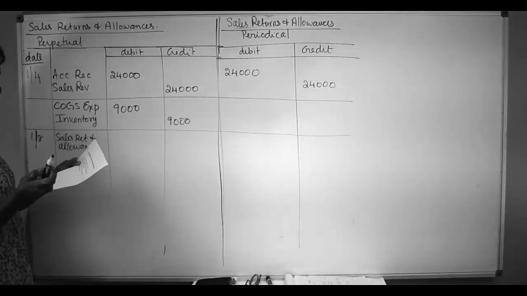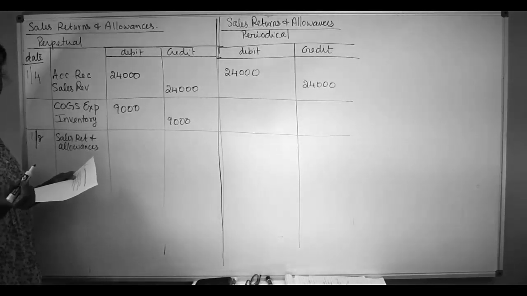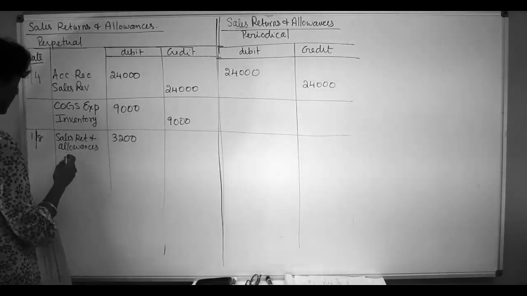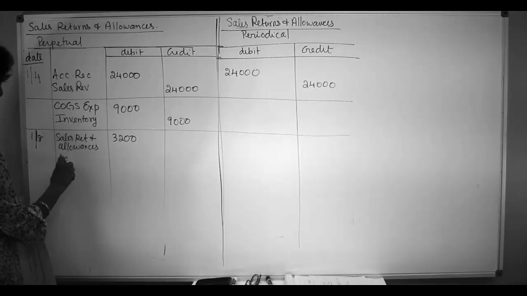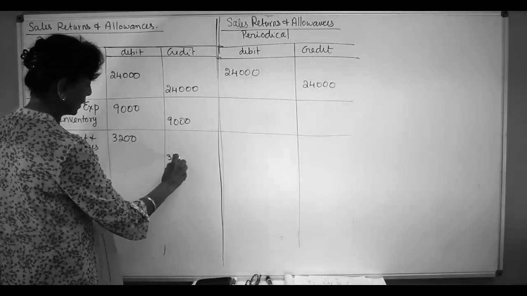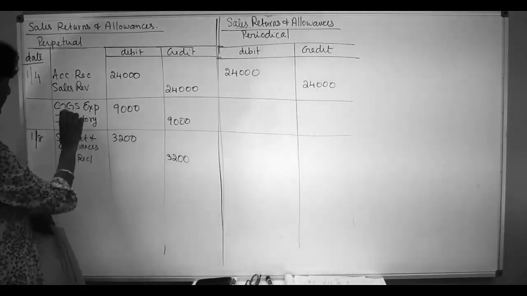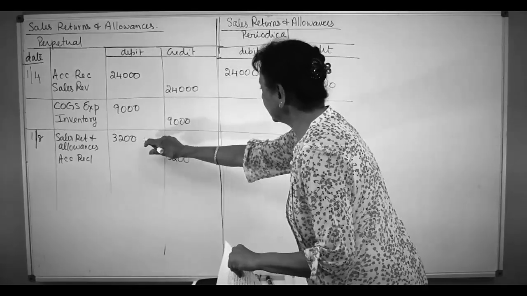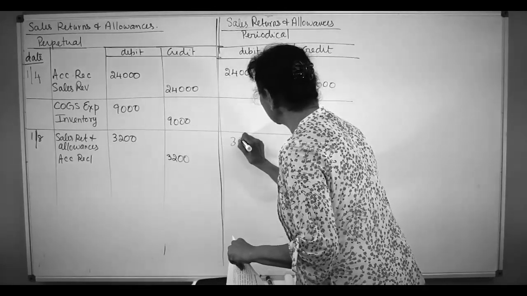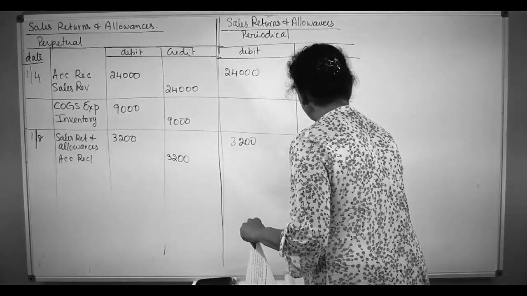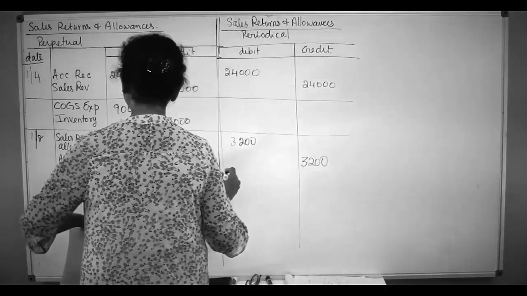They were originally sold for 800. So 800 times 4, $3,200, and you will credit accounts receivable 3,200. And you do the same for periodical too. So you will debit the sales returns and allowances 3,200 and you will credit accounts receivable 3,200.